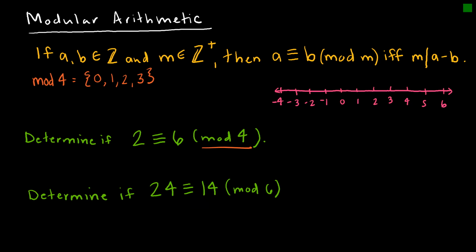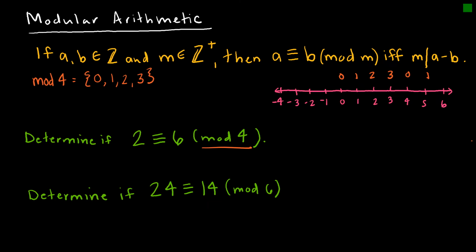Now if I'm looking at mod 4 and my number line, this would be 0, 1, 2, 3, just as we normally would think on a number line. But with mod 4, 4 divided by 4 is a nice even number that has a remainder of 0. And 5 divided by 4 has a remainder of 1.